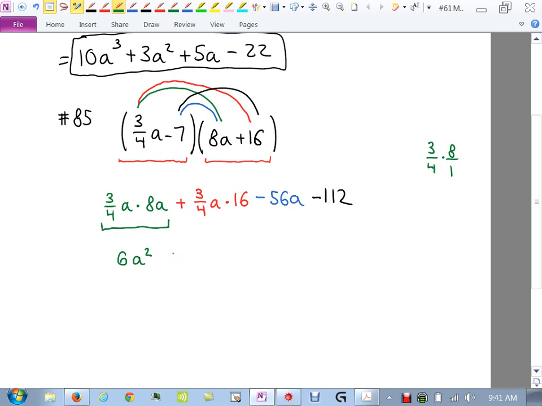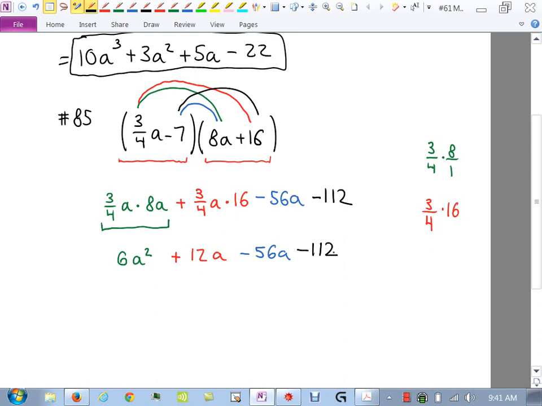Good. And then plus, same thing here. I'm doing 3/4 times 16. So you can make that a 16 over 1 if you want. Multiply, cross, divide, or just reduce 16 divided by 4 is 4. So what should that be? 12, right? I thought I heard you say 12, right? 12a. And then the rest, I just bring it along. 56a minus 112.